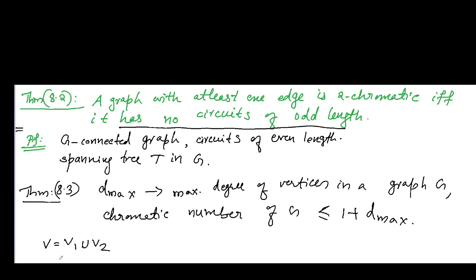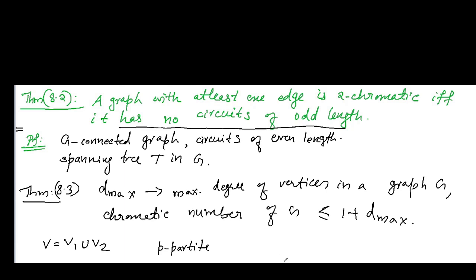Okay. Now a graph G is called p-partite if its vertex set can be decomposed into p disjoint subsets V1, V2, etc., Vp such that no edge in G joins the vertices in the same subset.